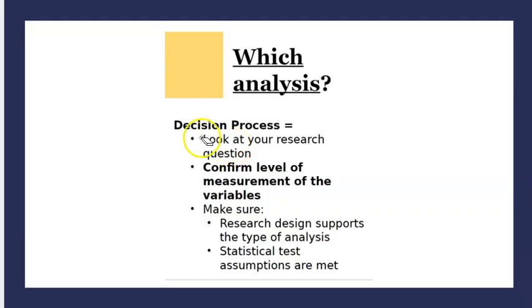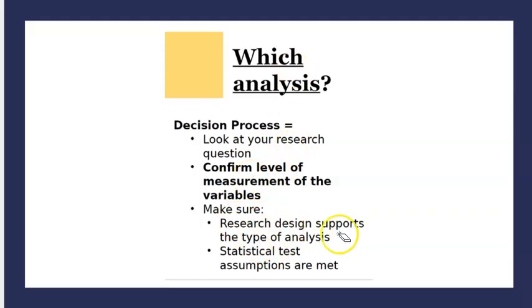That makes you determine which analysis you take. Confirm the level of measurement of the variables. Of course, this is very important, because even though you want to run a regression analysis, if you don't have continuous variables, you can't. That is one of the most important factors in deciding which analysis.